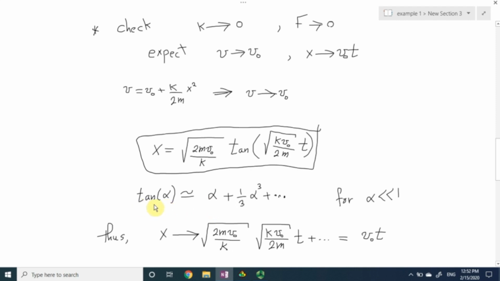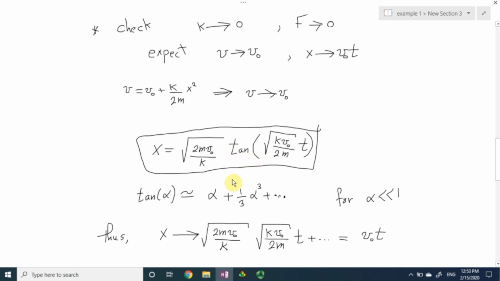We know that the tangent of any argument, alpha, should equal about alpha plus alpha cubed divided by 3 plus etc. Now this expansion is valid for alpha very small, much smaller than 1. Now in our case, we are taking this constant k to be 0, or approaching 0. So this means the argument is approaching 0, is very small in comparison to 1. So we can use this expansion.